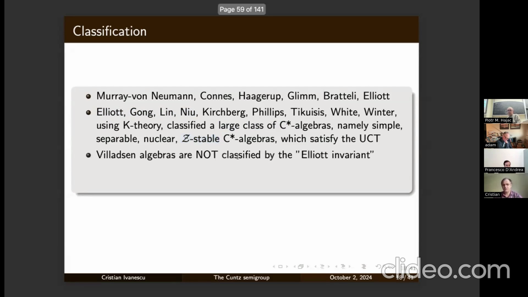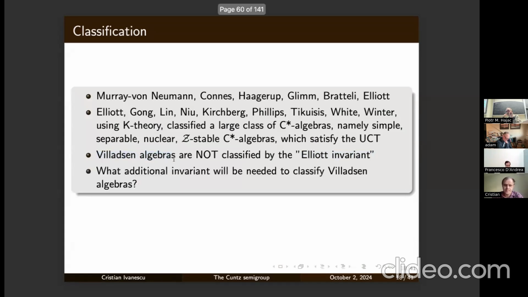Now, at this stage, I want to point out that there are algebras which are not covered by the classification. In particular, there are what are called Villadsen algebras, which are not classified by the Elliott invariant. In other words, the Elliott invariant cannot distinguish them. And in fact, as I mentioned at the very beginning, Andrew Toms, in his breakthrough paper, used a Villadsen algebra to show that indeed you need the Cuntz semigroup to be able to classify it.